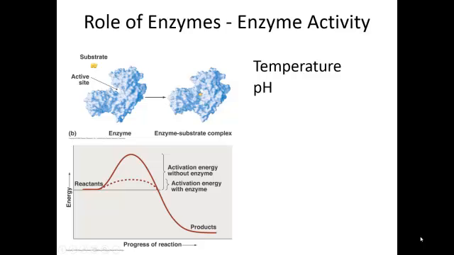pH is another one. pH can affect the active site. In many enzymes, in the active site, we have an amino acid that has an ionic side chain. So that means it's either acidic or basic. So let's go with the example of, say, this enzyme has a key amino acid in the active site that has a basic side chain.